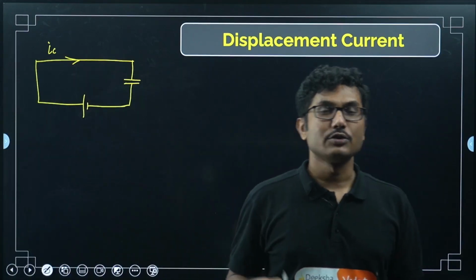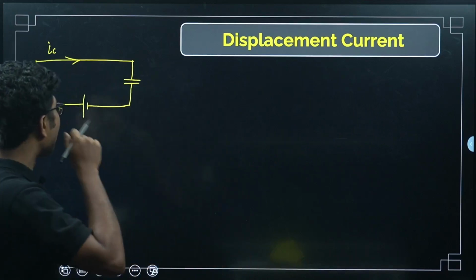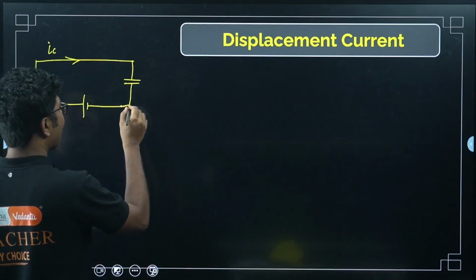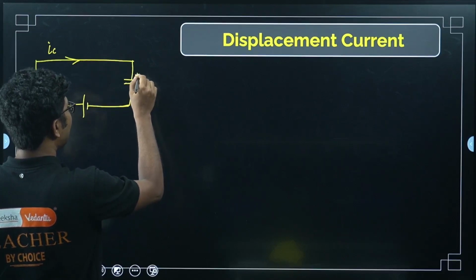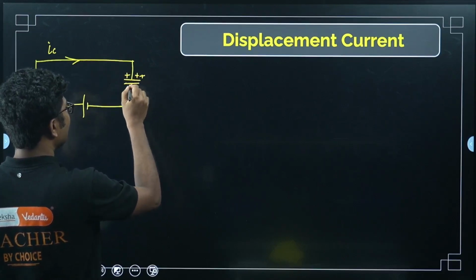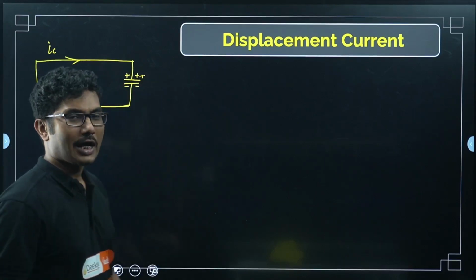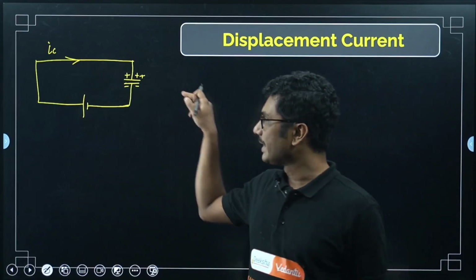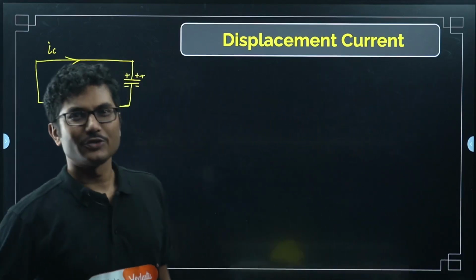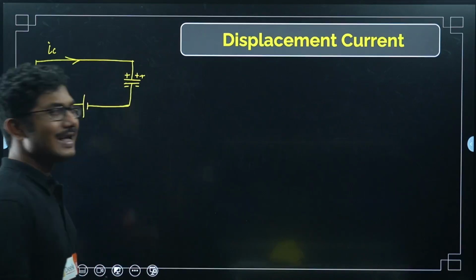So what should happen? The capacitor will start getting charged, till it is fully charged. There will be a current flowing in the circuit. So even though there is a gap, ideally there should not be any current, but still there is a current.